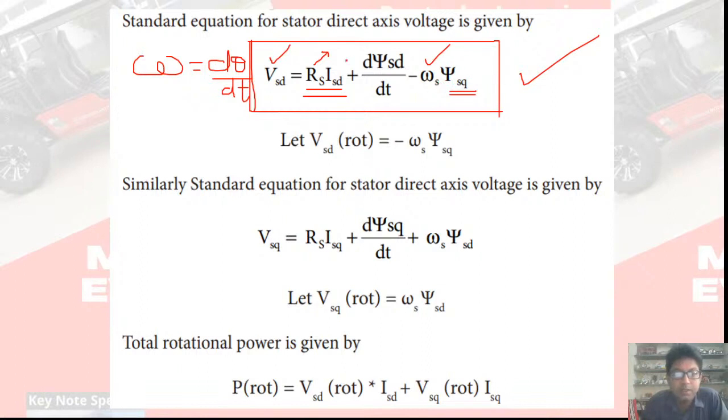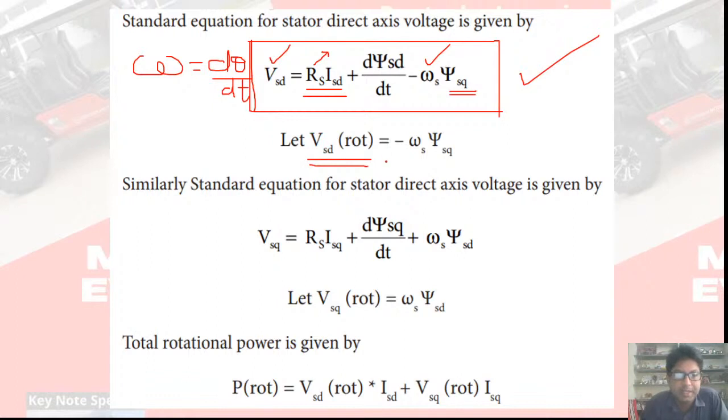From this equation, we are going to find out the electromagnetic torque produced by the machine. Torque means rotational power, so to find it you need to find out the rotational voltage.